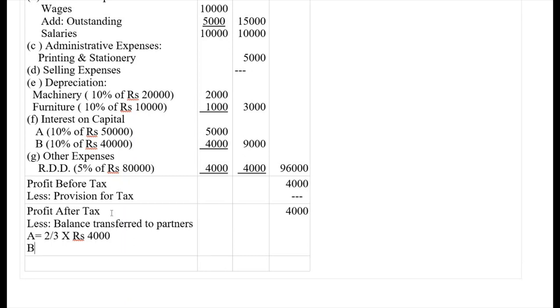Then similarly B equals 1 by 3 multiplied by rupees 4,000. Which comes to rupees 2,667 and 1,333. So let's underline here.